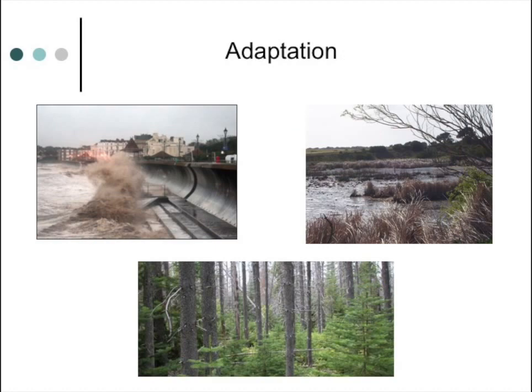Now, there are basically two kinds of things that we can do. We can adapt to what's happening, and we're going to have to do that. In fact, we're already in the process of doing that. So we can think, climate change is going to get worse over your lifetime. So what can we do to make the impacts on our life less?